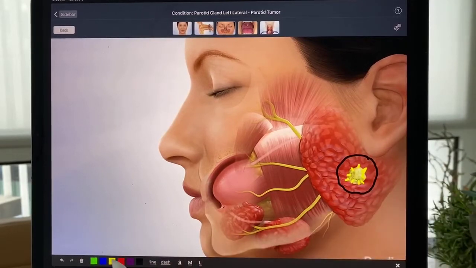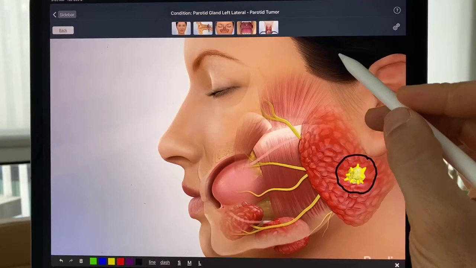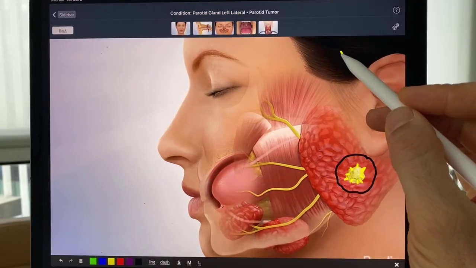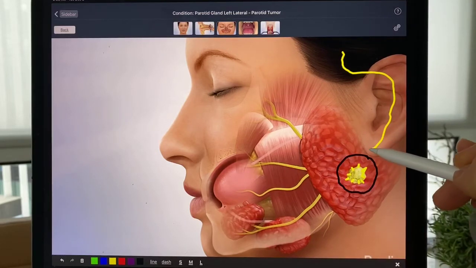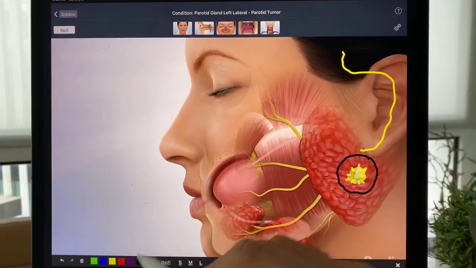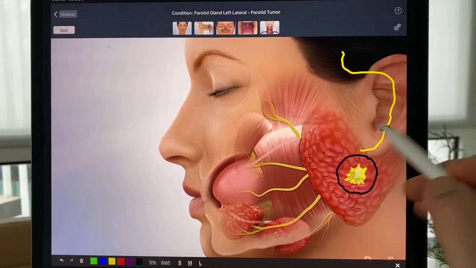In the parotid gland, that's tempered by the fact that you have the facial nerve. So the facial nerve comes out of the brain into the skull bones and does one turn and then another turn in the ear and then enters the parotid. It comes out through an opening in the skull, right?